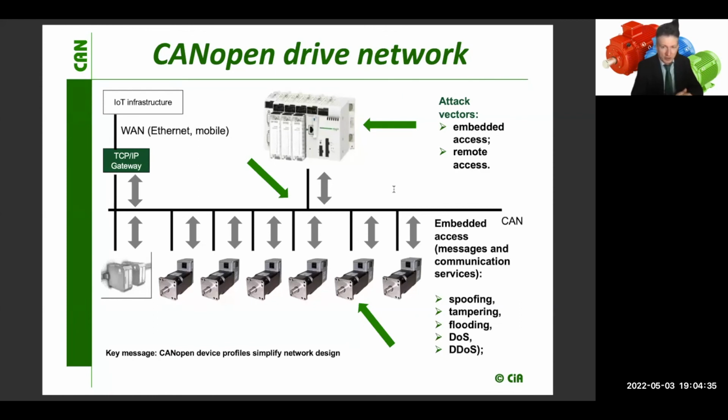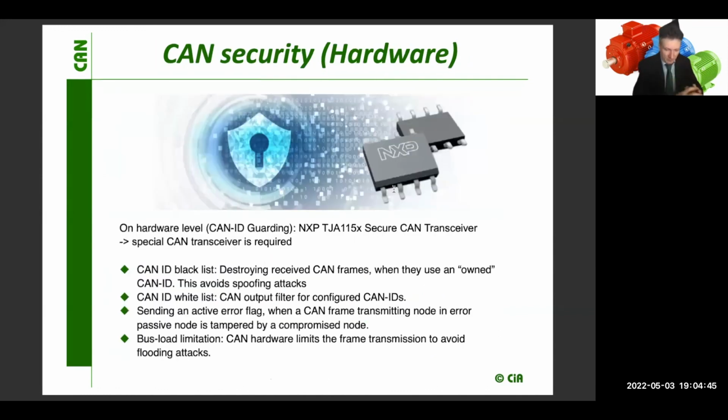What are the solutions to prevent, or at least to detect, some unforeseen changes in network behavior? Recently, there are two solutions, a hardware and a software solution. One from NXP, the so-called Secure CAN Transceiver, is already available on the market. The basic principle is guarding of CAN IDs. I have only a list of CAN IDs that are allowed, and all not allowed are prevented from submitting messages in the network.